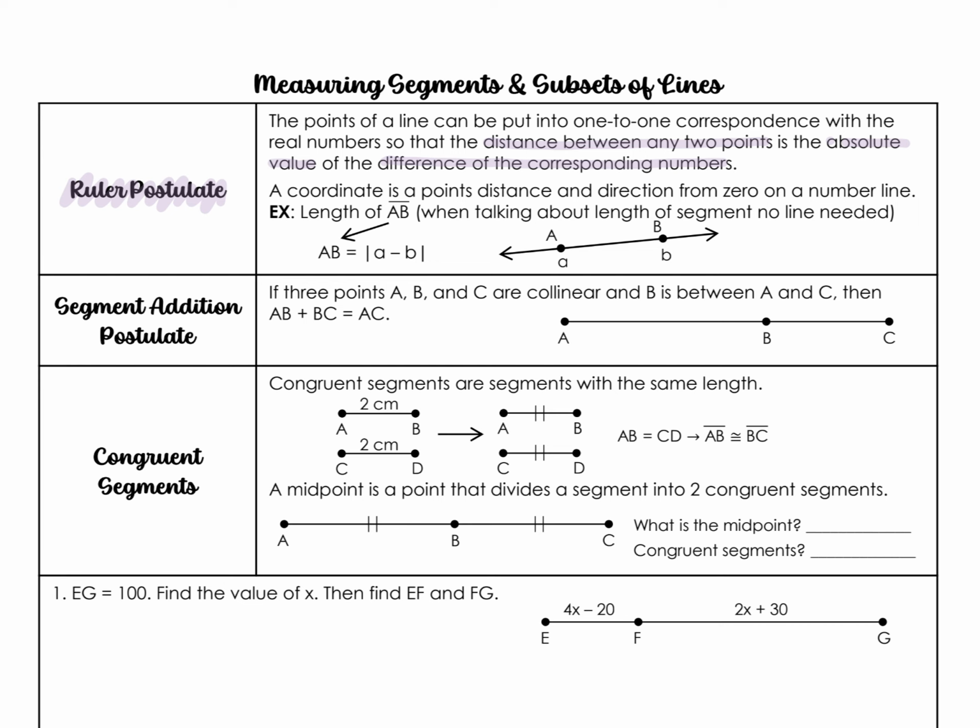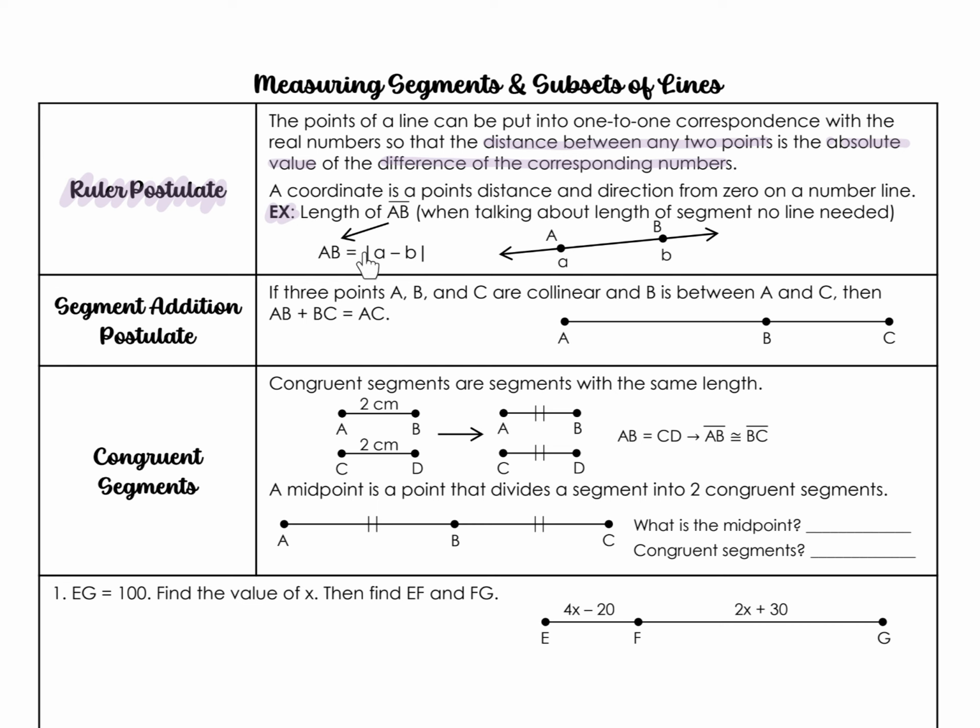A coordinate is a point's distance and direction from 0 on a number line. So we have an example here, just talking about how you could find the length of the segment AB. If we actually had numbers, you could plug them in, but it would just be the absolute value.